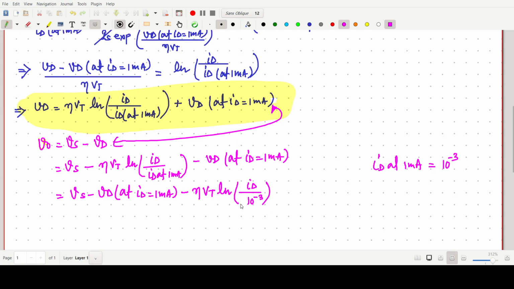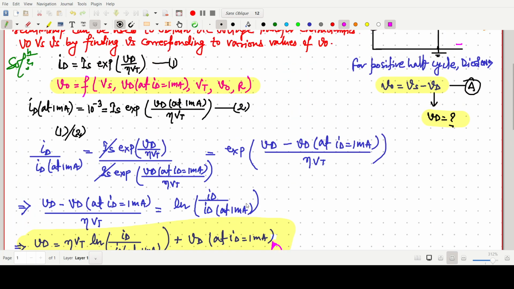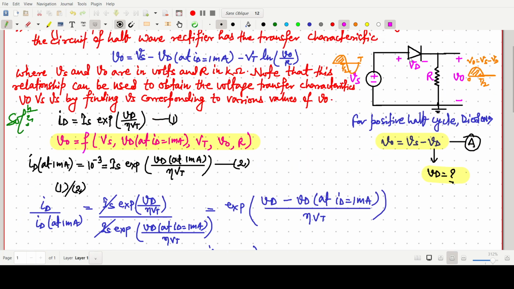Now we have to find the Id value, because we have to find Id in the circuit. So this one is the Id current, and Id current can be written as V naught by R, because this is the resistance, and the voltage is V naught.